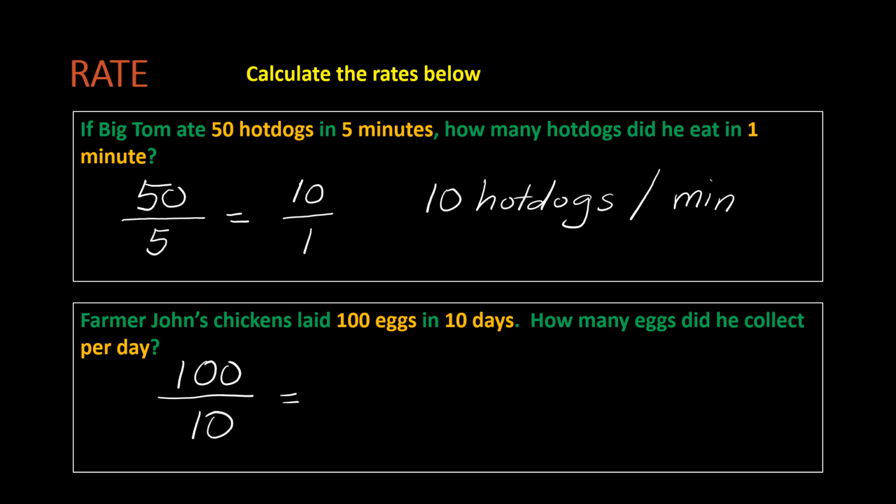Now we know we can simplify this quite easily by canceling out the zeros because we have top and bottom zeros. And we have 10 over 1. So it's 10 eggs per day.